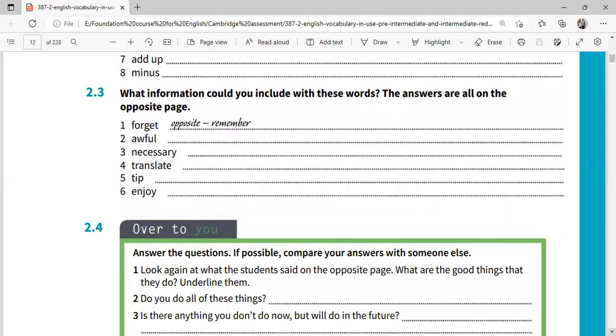The answers are all on the opposite page. 1. Forget. Opposite: remember. 2. Awful: dreadful. 3. Necessary: unnecessary. Translate: know as another language.